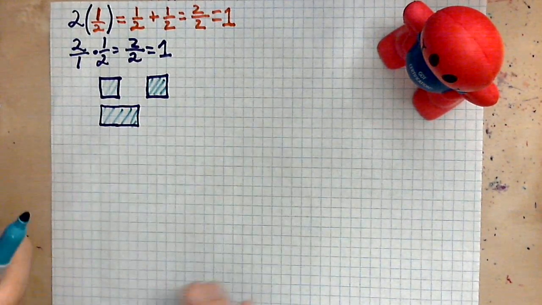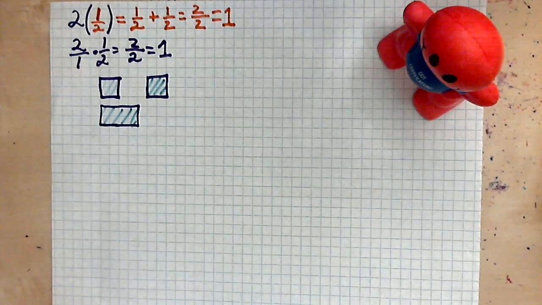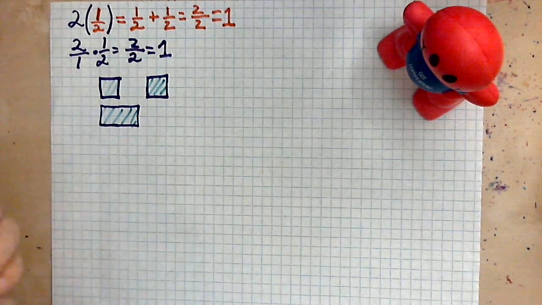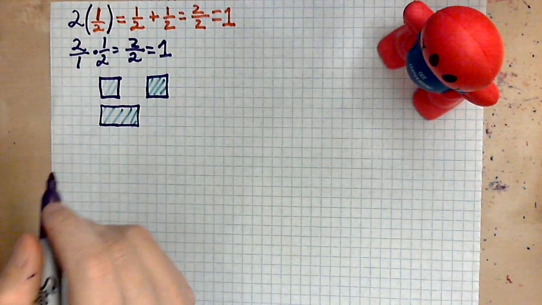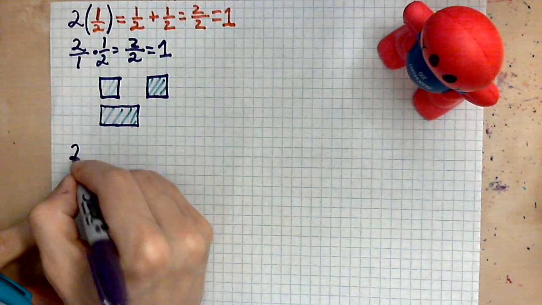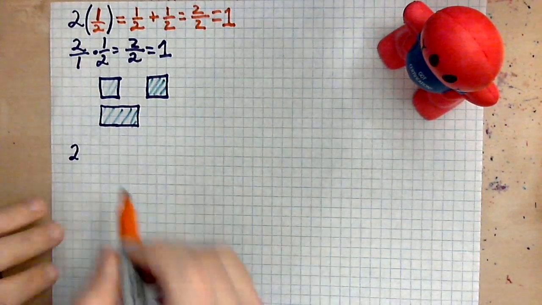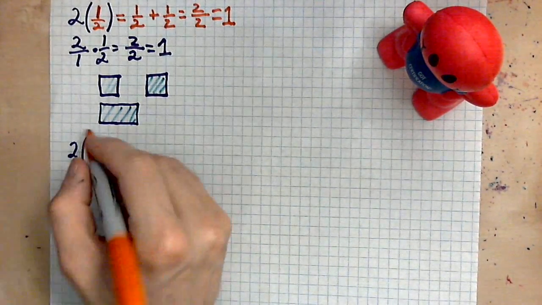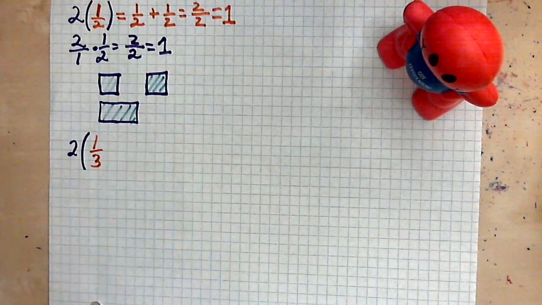Okay, let's take a look at another type of multiplication similar to this one. Let's do another one just to be sure. Let's do 2 times 1 out of 3. We will take a similar approach.